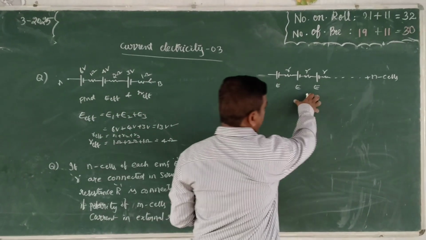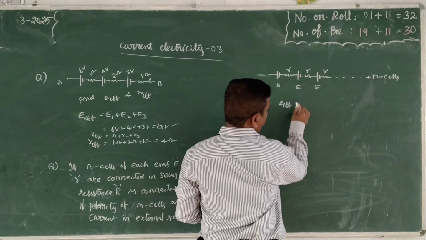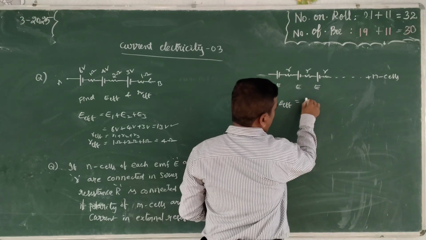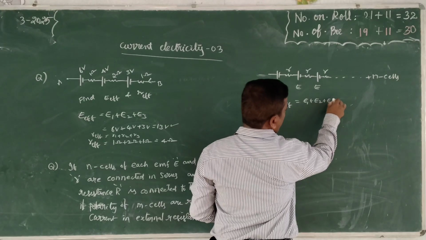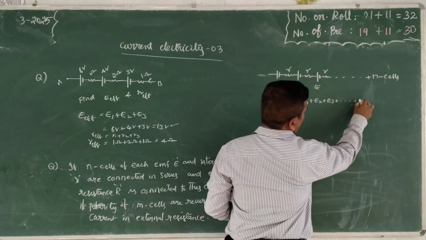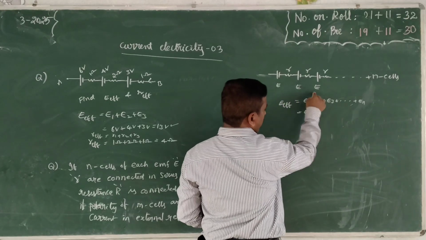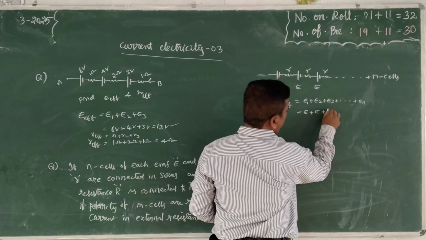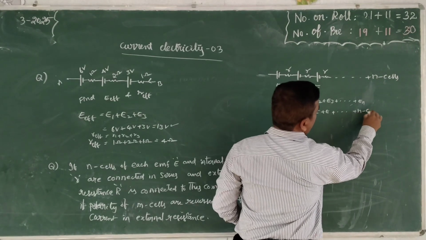These are connected in series. What is the effective EMF? Effective EMF equals E1 plus E2 plus E3 and so on up to En. Here all have the same magnitude, E plus E. How many are there? N cells.